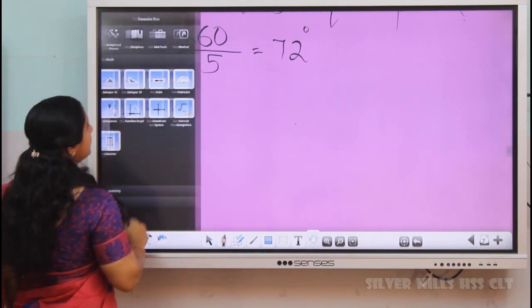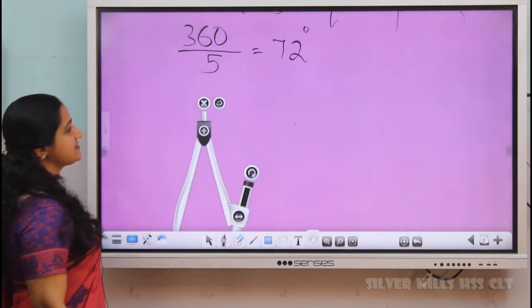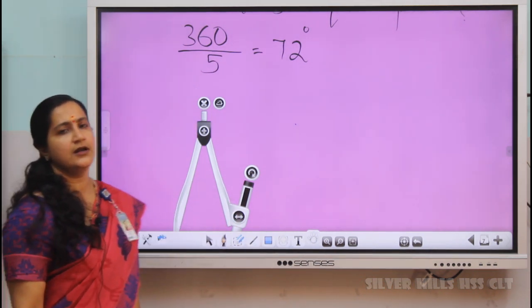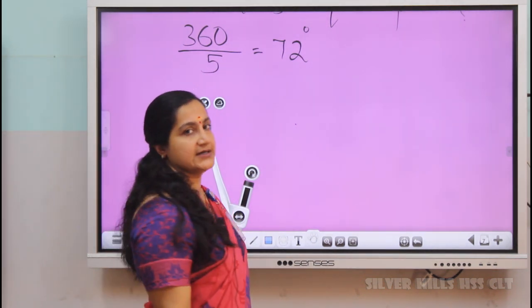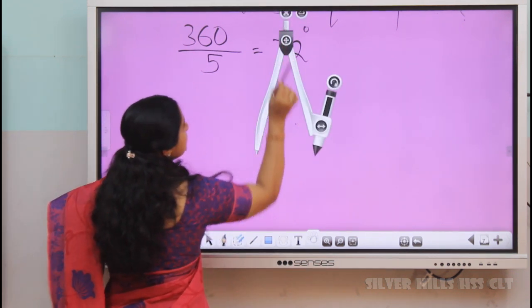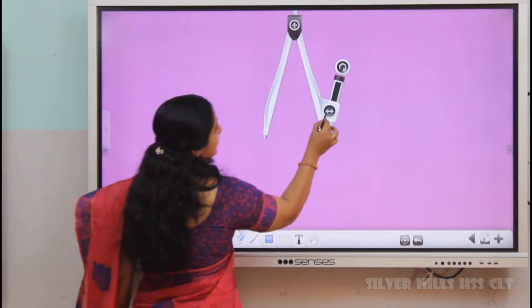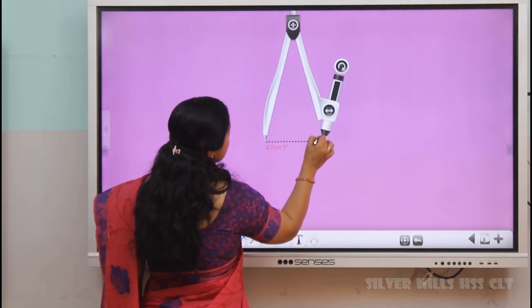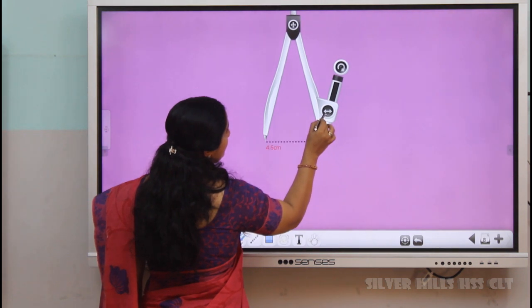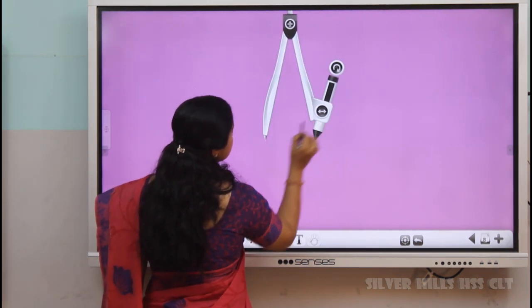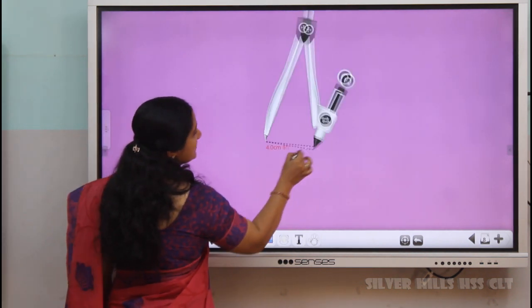For that, in our geometry box, the instrument you use to draw a circle is called a compass. You know how to draw a circle, isn't it, my dear children? So, take the compass. Here, I am taking the radius as 4 centimeters. Here you can see it is exactly 4 centimeters.